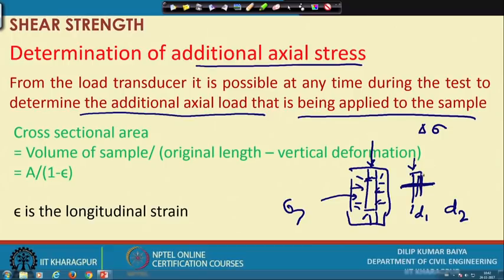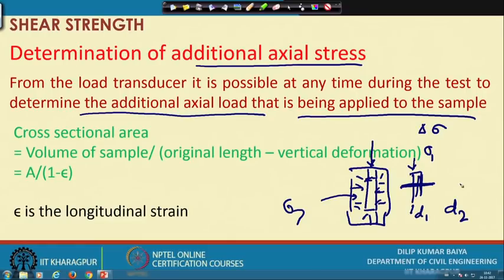Now sigma 2 will be the load applied divided by the area at diameter d 2. So, I have to find out the cross sectional area during the test at different levels of load.